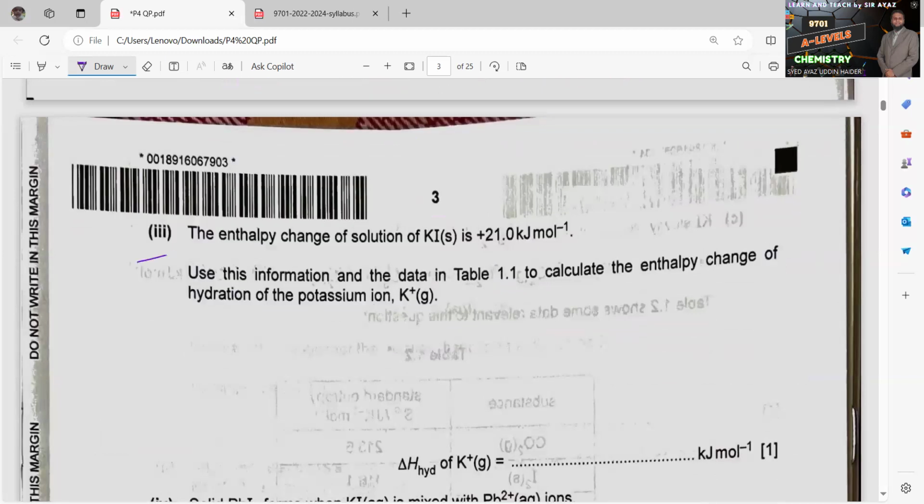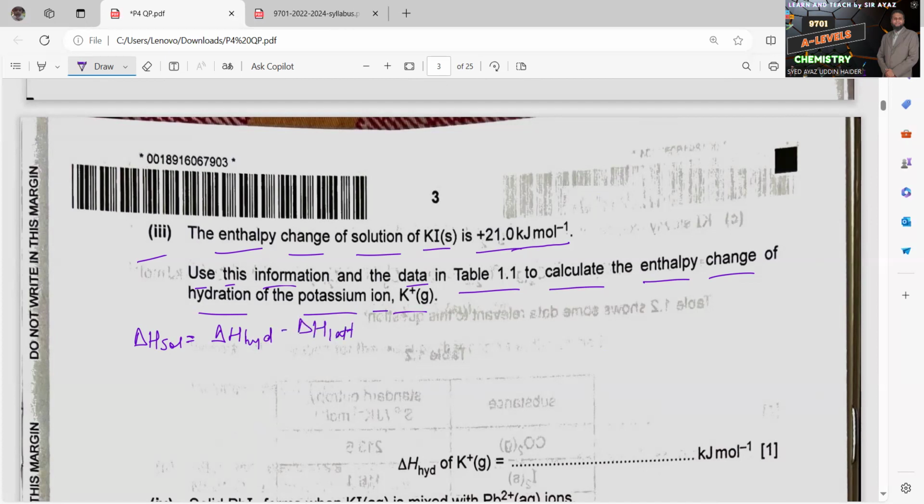Moving to next question. Number 3. The enthalpy change of solution of KI is plus 21 kilojoule per mole. Use this information and the data in table 1.1 to calculate the enthalpy change of hydration of potassium ion K plus (g). Recall the formula, which is delta H solution is equal to delta H hydration minus delta H lattice.